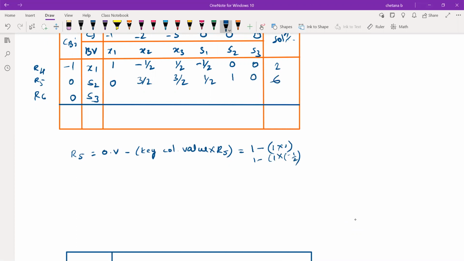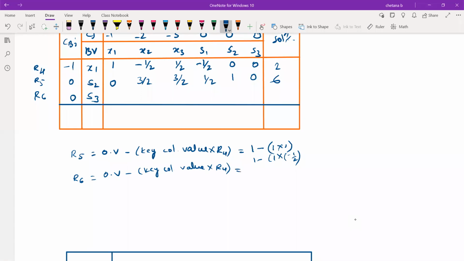Similarly, for R6, it is old value minus key column value multiplied by new R4.